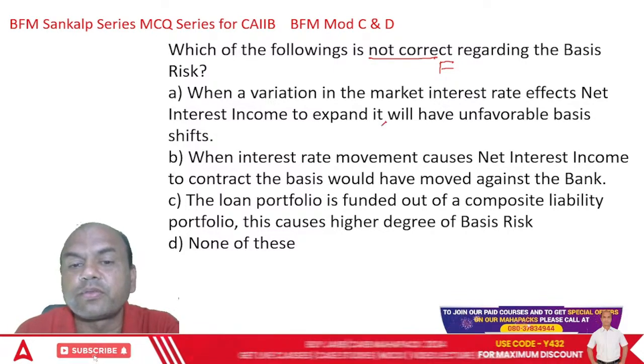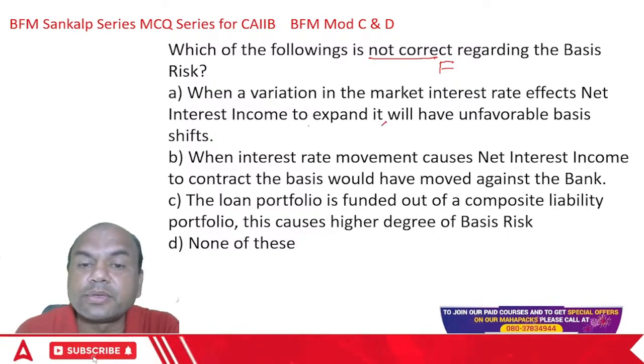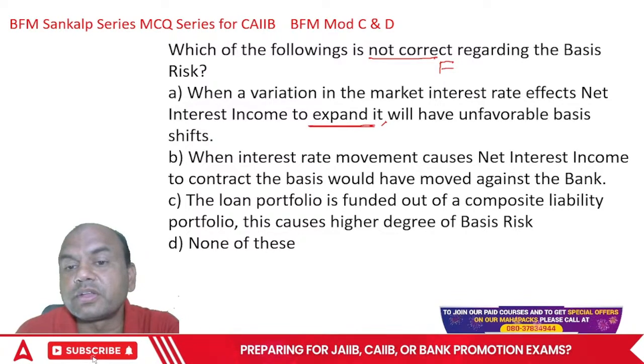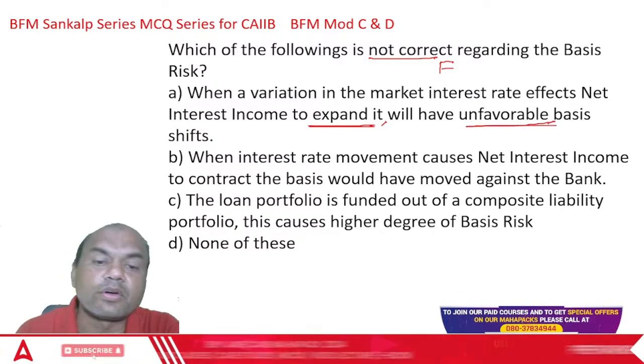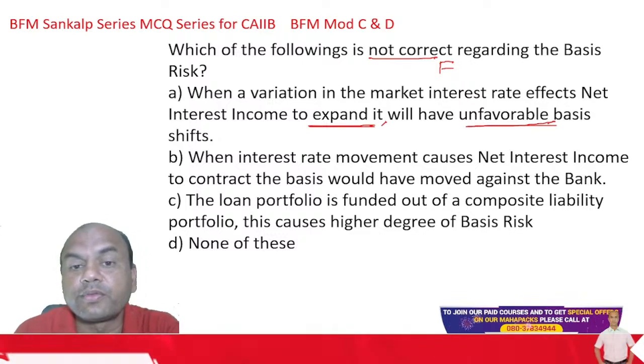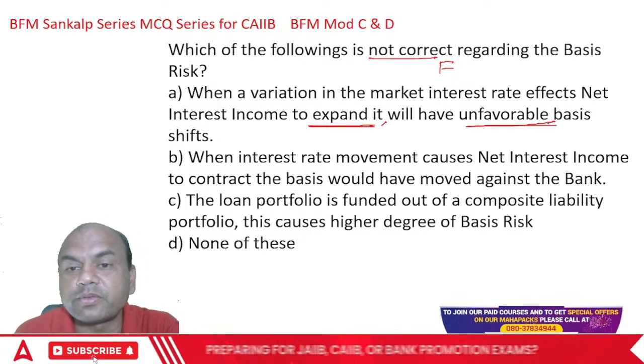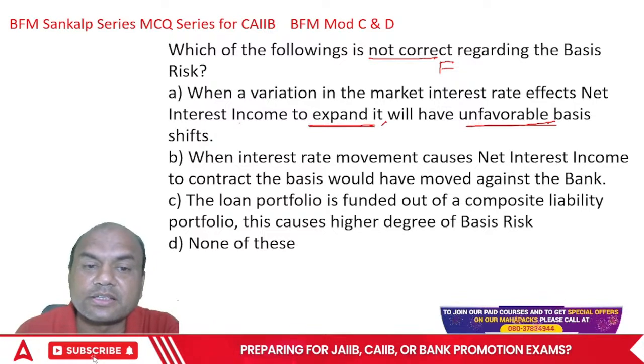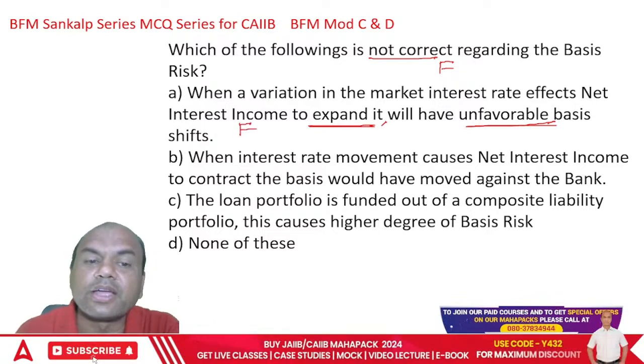Expanded means what? My net interest income is increased. So if it is increased, then is it unfavorable for me? So that is false, obviously, isn't it? So this is gone. So A is the only answer.